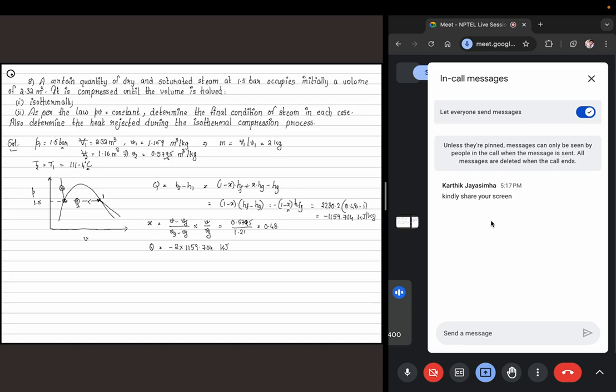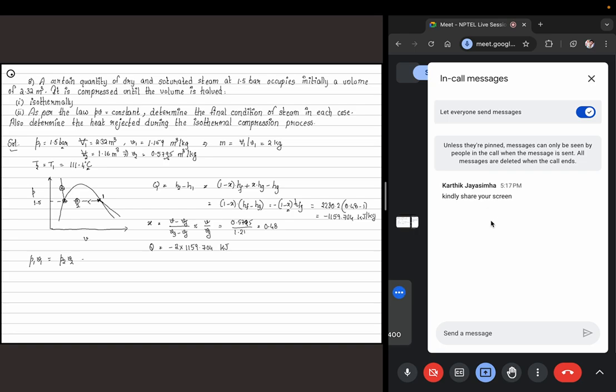Now suppose we stick to the same original law that we already had before, which means if this particular steam obeys the ideal gas law, then we have PV equal to constant. So how do I calculate the final specific volume? I know the initial pressure, I know my initial volume. This is what we will have to be using.